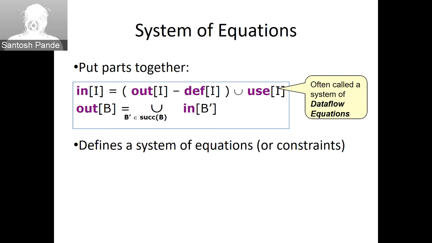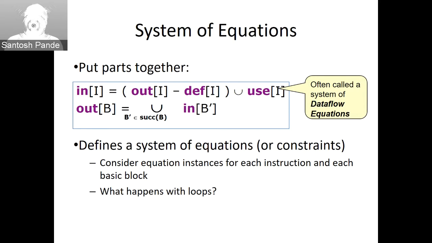So that's why union. To propagate them further towards my own in set, in terms of the basic block that I'm operating on currently, all the live ones survive if they are not redefined. So that is basically out minus def. And then in addition, some which might be used within that block get added, which is the use.